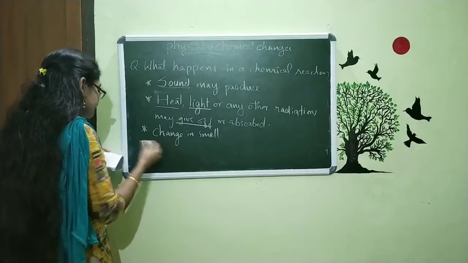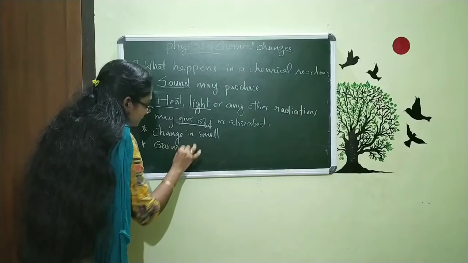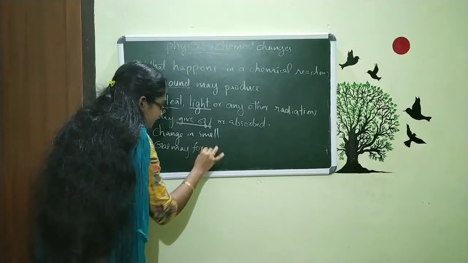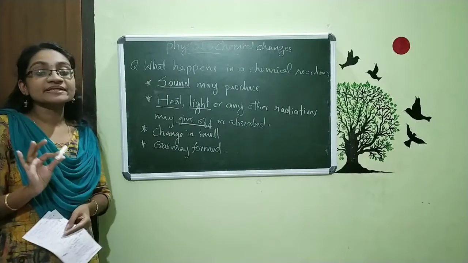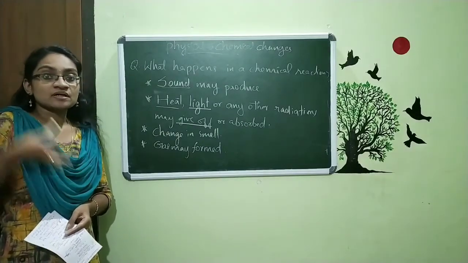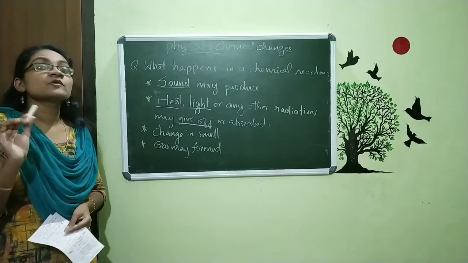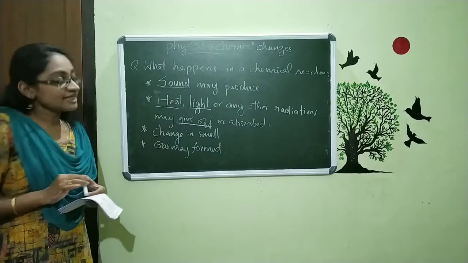The other is gas may be formed. That means within some chemical reactions they produce hydrogen gas, oxygen gas, nitrogen, any type of gas will form in the chemical reaction.